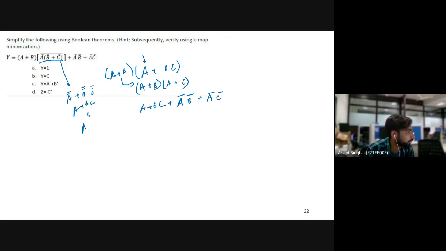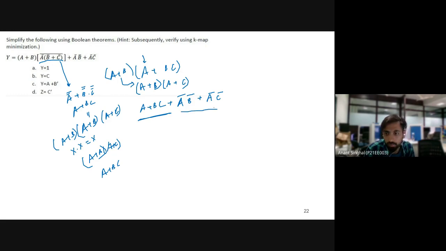And using distributive property, it is nothing but A plus B into A plus C. And there was another A plus B here in the question. So x into x is always x. So that is why I just wrote it as A plus B into A plus C, and again reduced it to A plus BC. So these two A plus BC are these two terms, and the rest of the terms in the question are these.